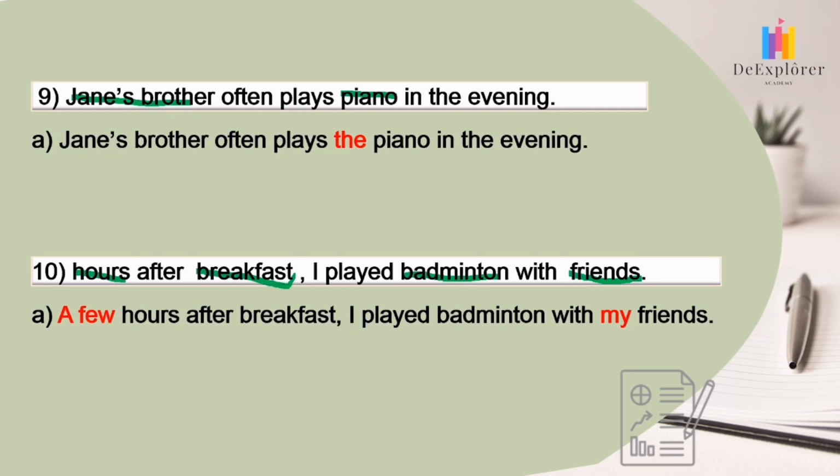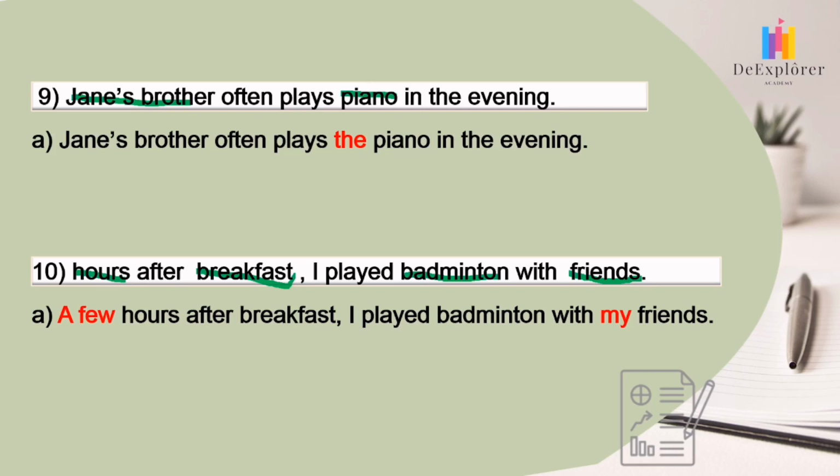I use a few hours, meaning several hours after breakfast. After breakfast you don't have an article. Remember, breakfast, lunch, dinner, supper have no article or determiner. Then I played badminton.